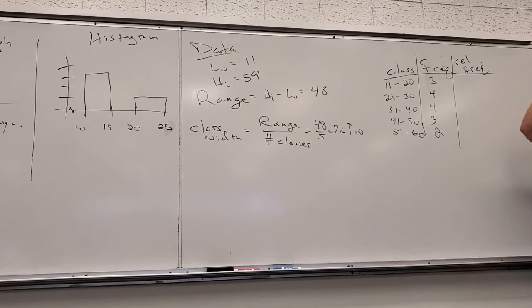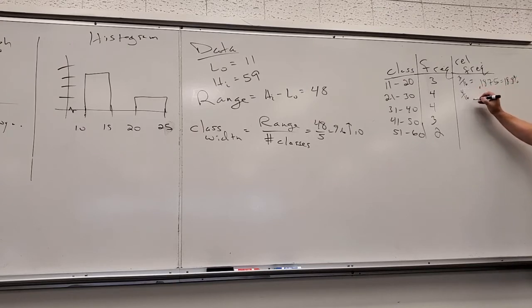It's just a part out of the whole. So 3 out of 16, somebody help me out. 0.1875. So we'll make that 18.8% roughly.